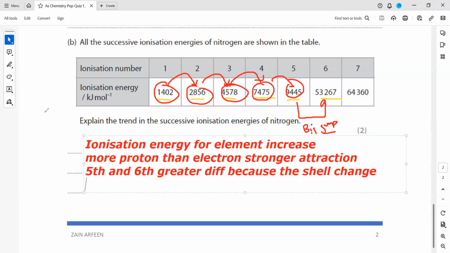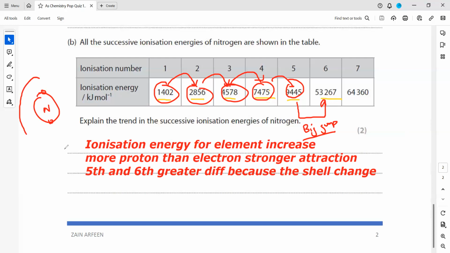When we draw the structure of nitrogen, the first shell has 2 electrons, the second shell has 5 electrons according to the configuration. So we remove the first electron, then the second, third, fourth, and fifth up to here. But when the sixth electron is removed, it is removed from the inner shell.